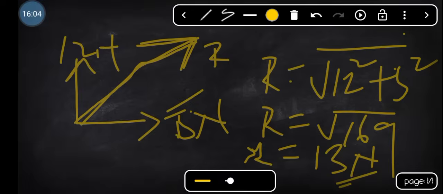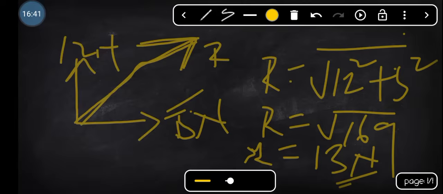In the next class, we are going to continue with more calculations on resolution of forces. We'll talk about equilibrium of forces, resolving coplanar forces and finding their resultant, and we are also going to look at the meaning of dynamic equilibrium and static equilibrium.